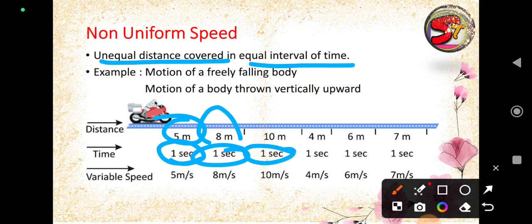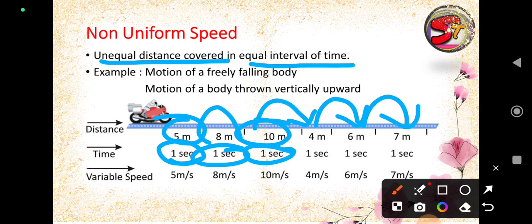In another 1 second it has covered 10 meters. So in every step the distance is changing though the times are constant. So 5 meters in 1 second means 5 meters per second.